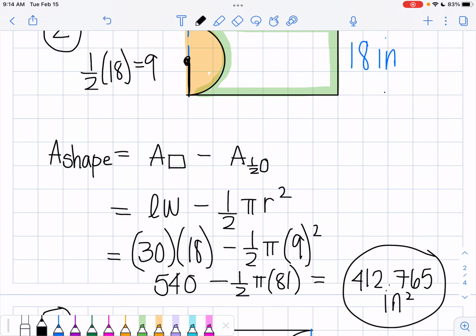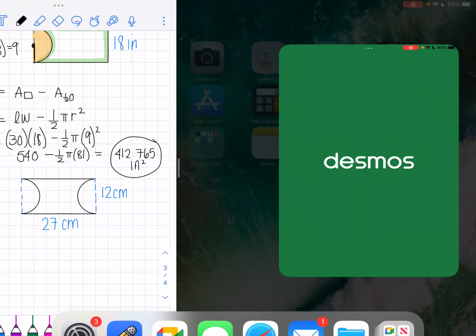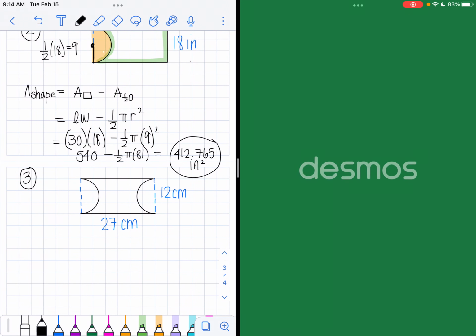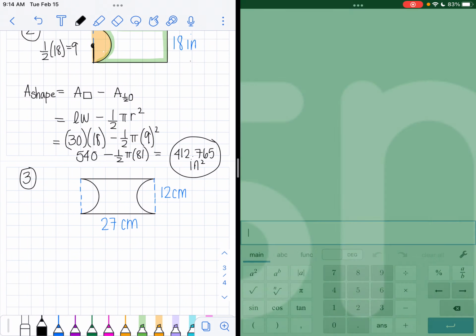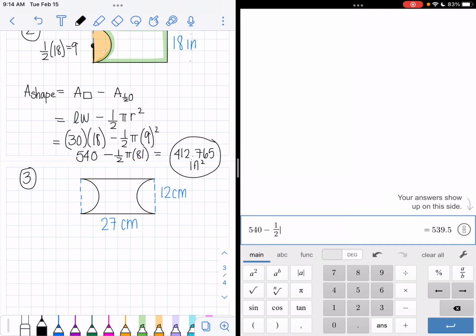Now, if you don't have a good calculator where you can just type this in, I highly recommend using the Desmos scientific calculator. It's an app that looks like this one that says scientific. When you open up the app, you can type everything in the way that you have it written. So 540 minus, you can even do the fraction, 1/2 times pi times 81.